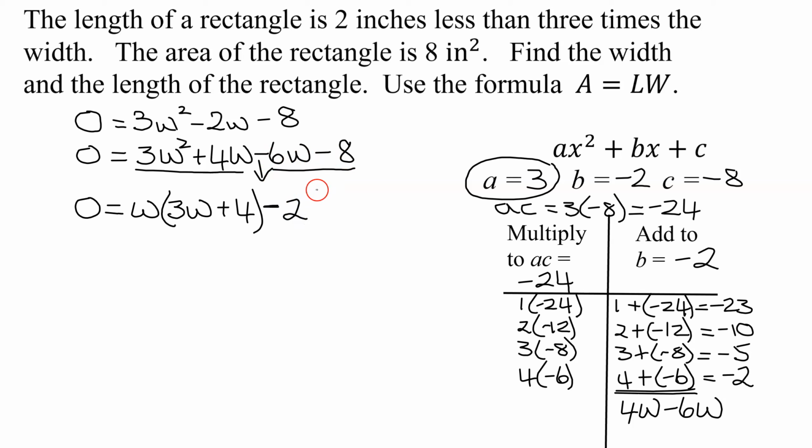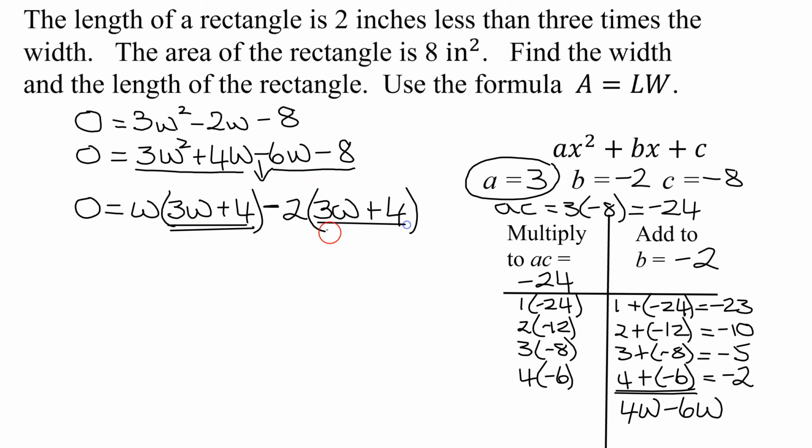A 2. Now be careful, I'm factoring out a negative 2. If you factor a negative 2 out of a negative 6W, it's going to leave positive 3W. Factor a negative 2 out of a negative 8, it's going to leave a positive 4. Check your signs. A negative times a positive will give me that negative. A negative times a positive gives me that negative.